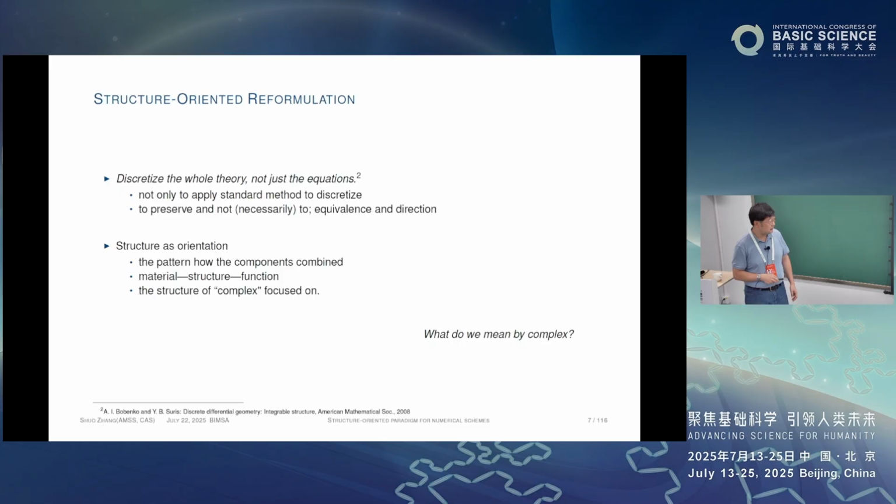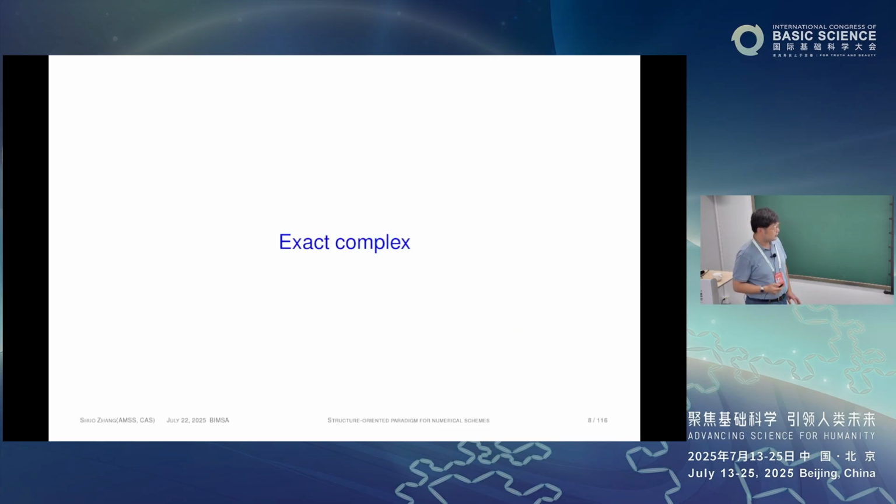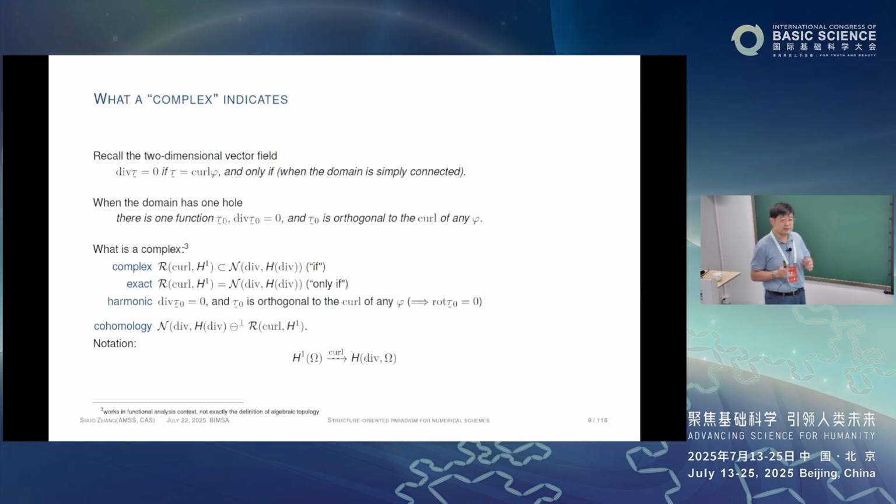And in this talk, I will focus on this structure of complex. So, what is the complex? Complex is some concept we have been knowing. Let us come back to first year undergraduate calculus.